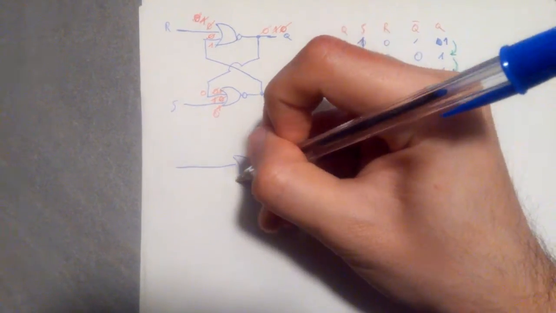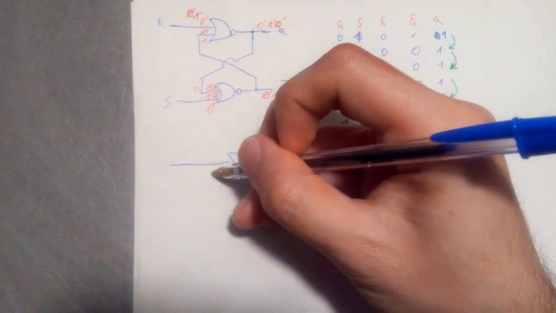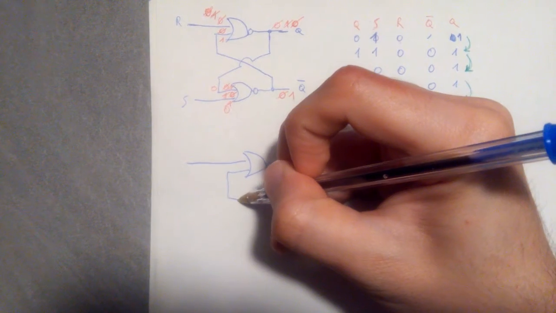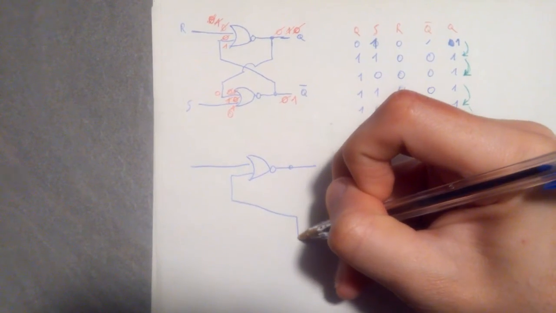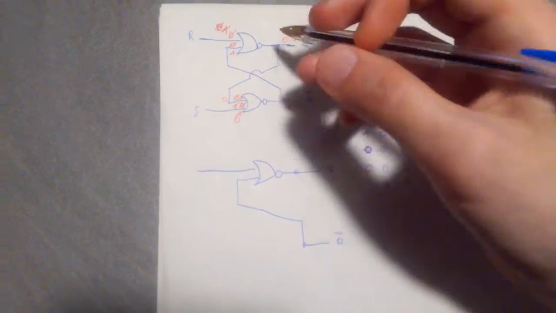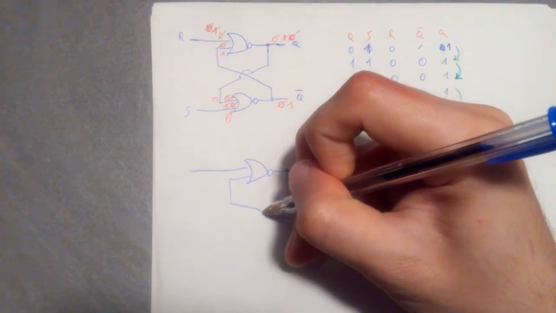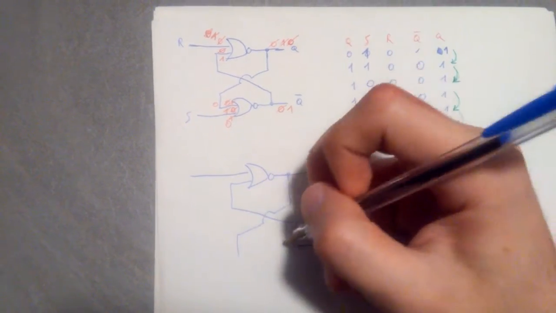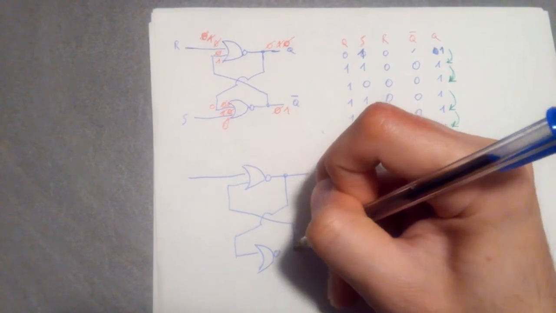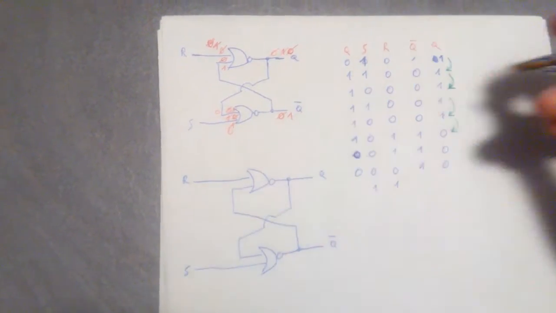Let me just redraw it real quick, because I just messed up the drawing I made. So this is our other NOR gate. This is R, this is S.